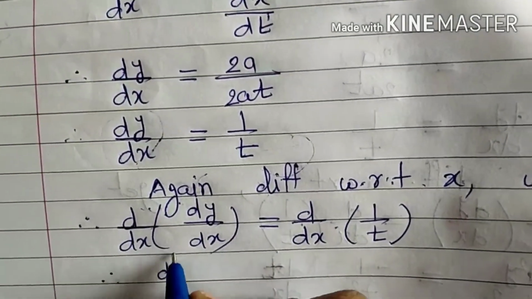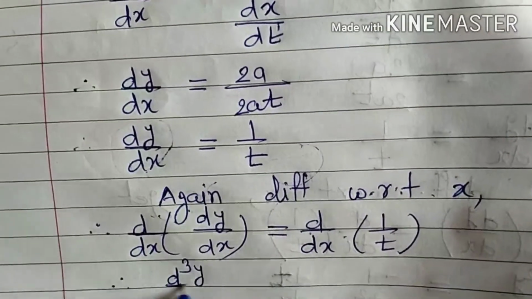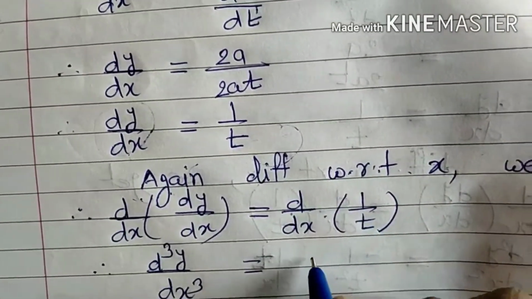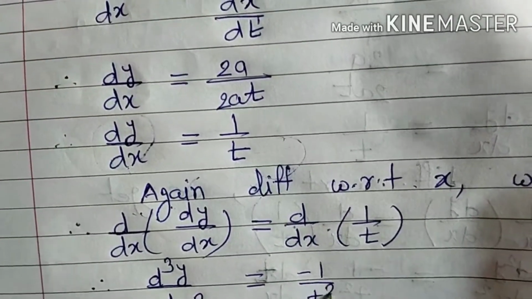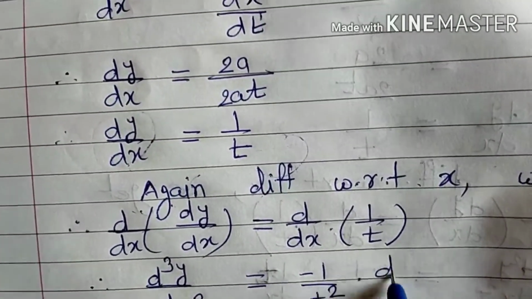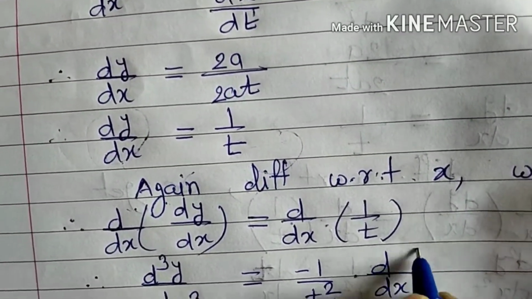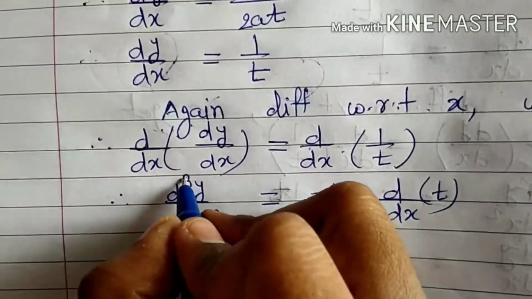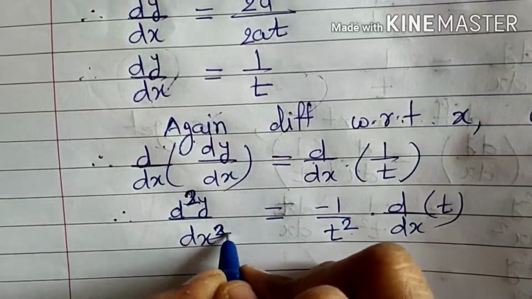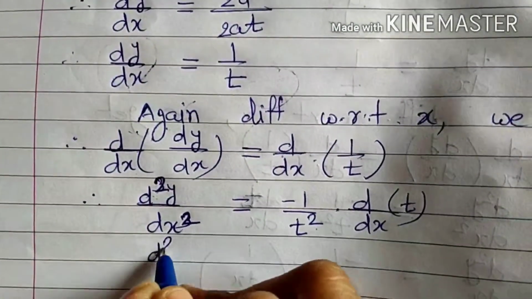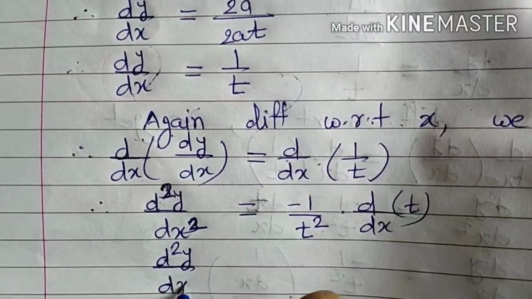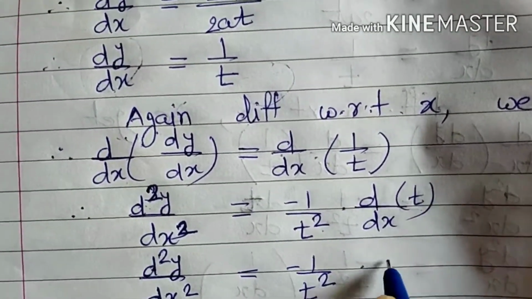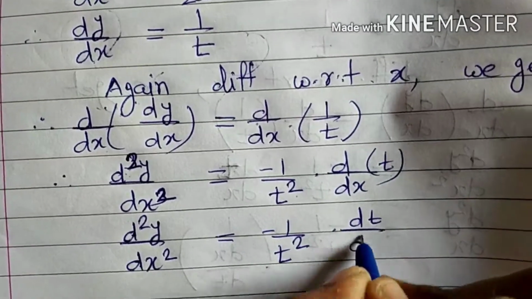Therefore, sorry, here it is d2y upon dx square. Therefore d2y upon dx square is equal to minus 1 upon t square, and this is dt upon dx.